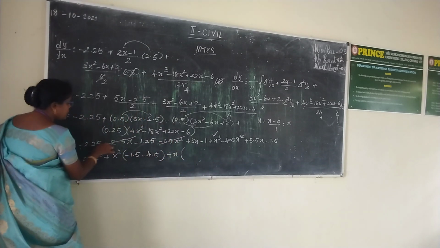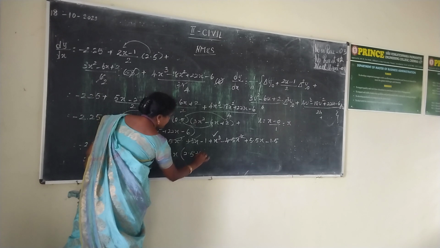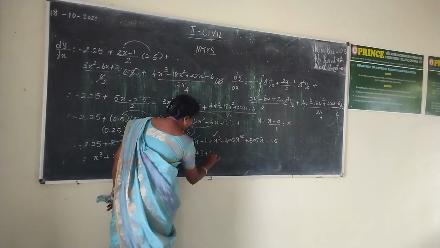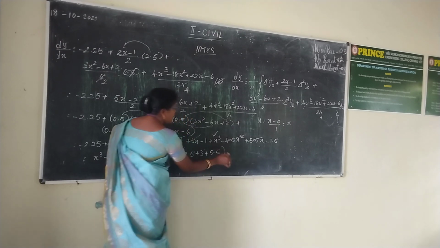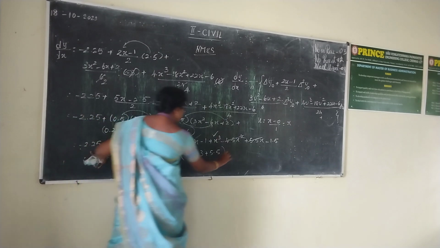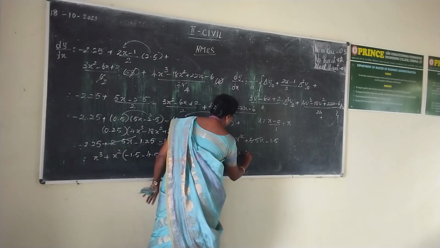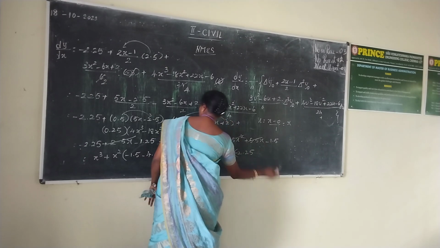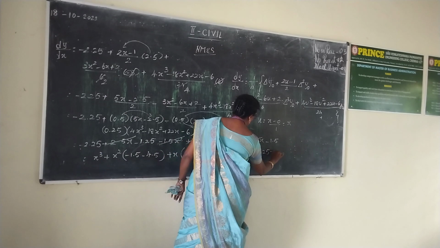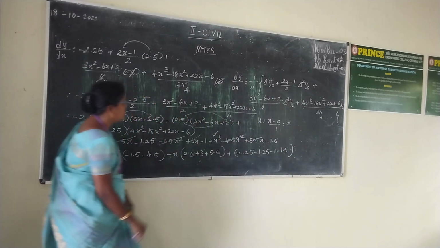So 2.5. Next plus 3. Then 5.5. After that what you have to collect? All the constants. So first constant minus 2.25, minus 1.25, minus 1, minus 1.5. Total 4 constants are there.